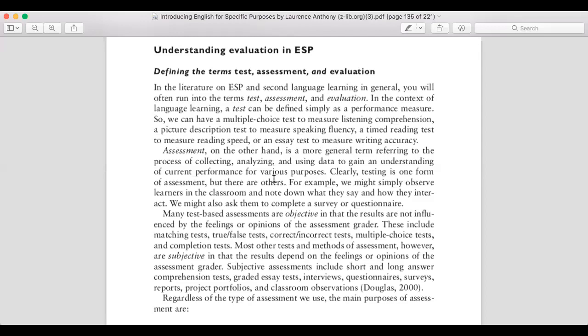Okay, so moving on to three terms that are related to evaluation. We have tests, okay, then we have assessments, and then we have evaluation. Now, tests is simply defined as the performance measure, where the performance of a student is measured. For instance, I can tell you that you have a test tomorrow, so your performance would be measured on that particular day in that particular test.